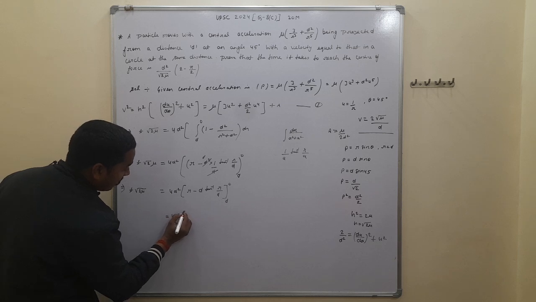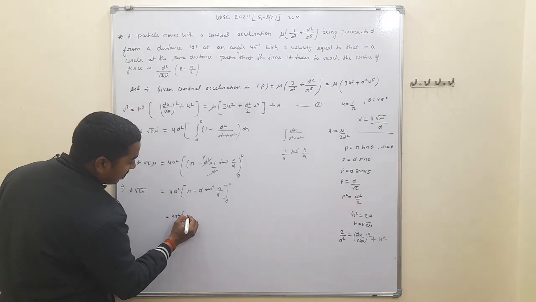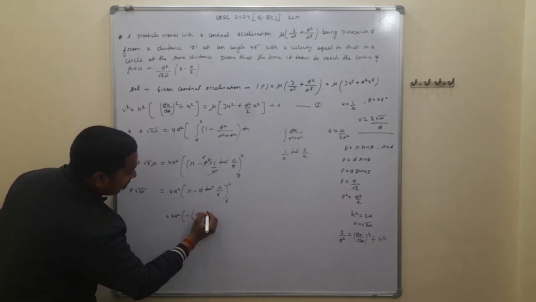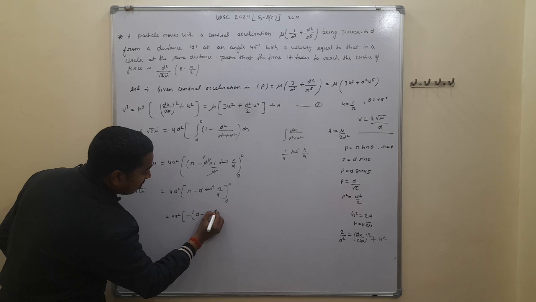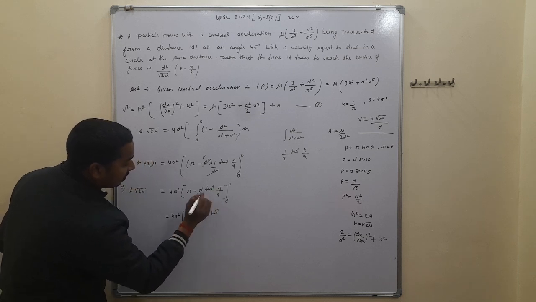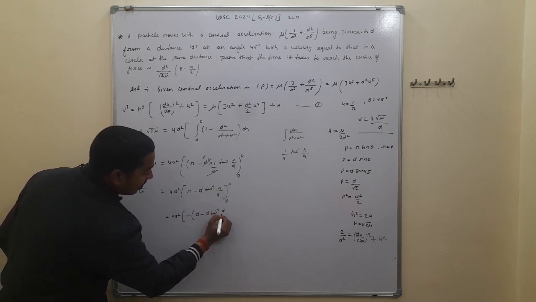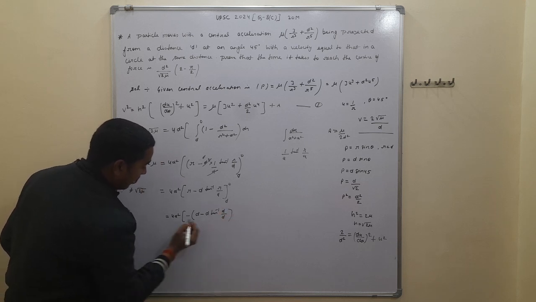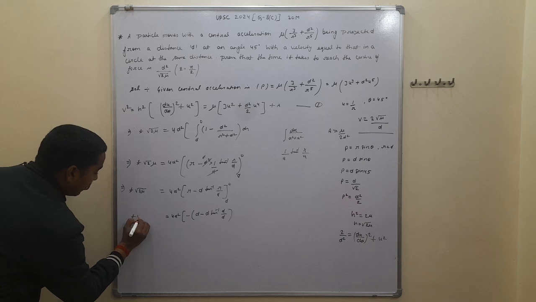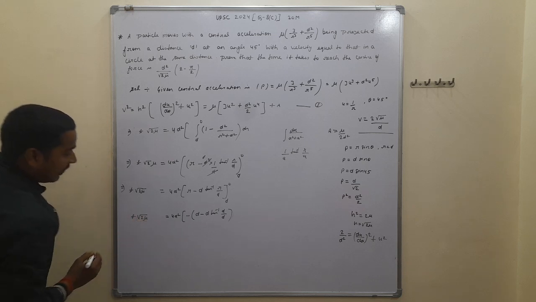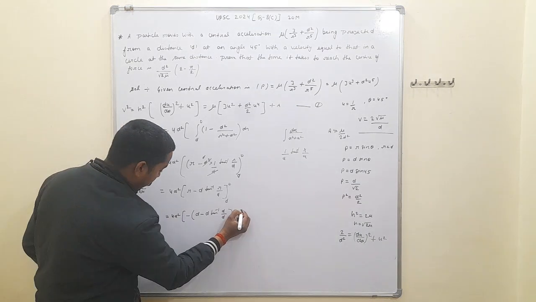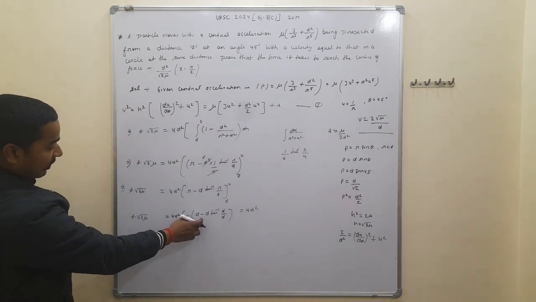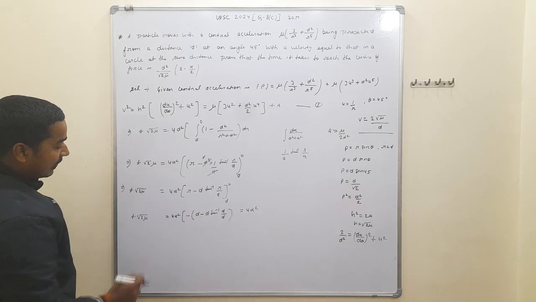Here we have to put the lower limit, that is minus of d minus of d tan inverse of, here in place of r we can also put d, that is d upon d, and this is t root 2 mu, and further we have to solve, that is 4d square, and from here we have to take common d.